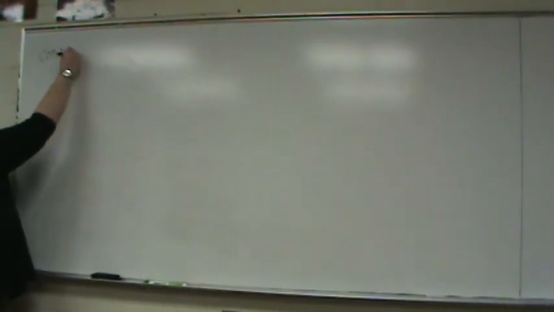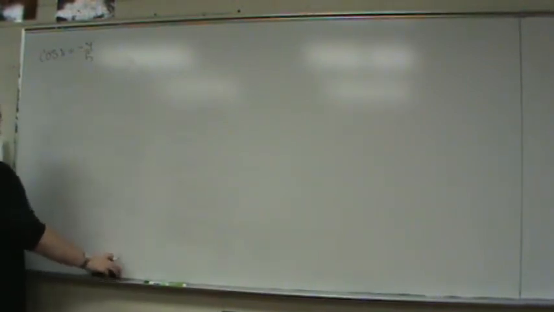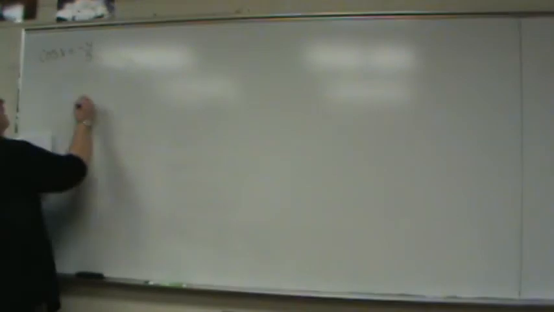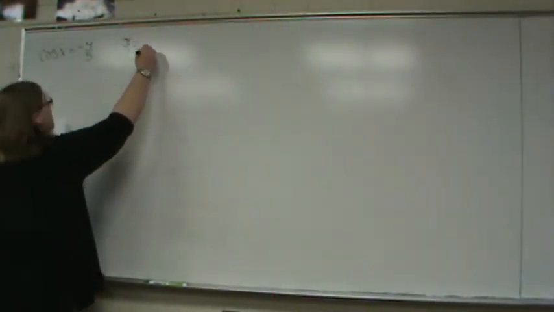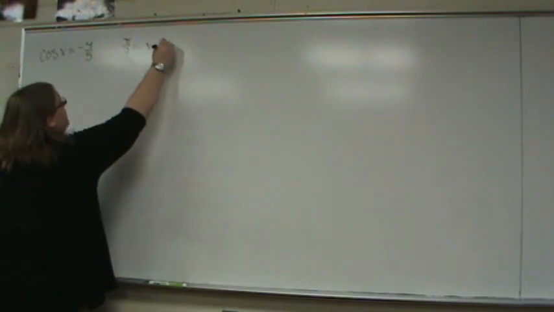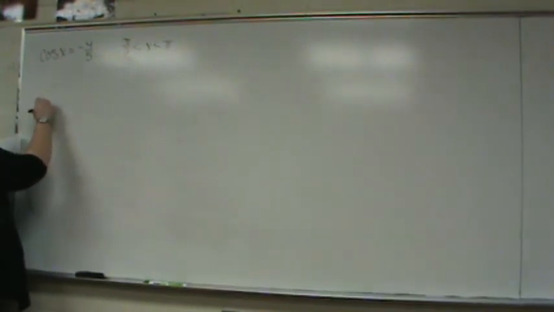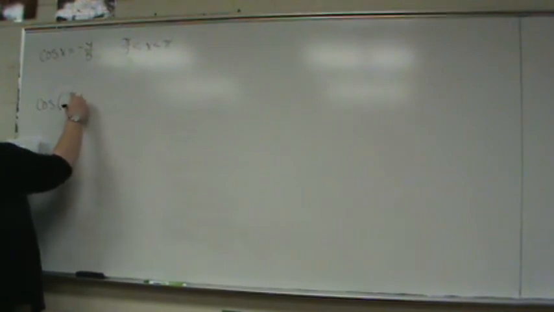Number 11 says cosine x equals negative 4 over 5, and we're told that x is between pi over 2 and pi. And then we're told to evaluate cosine of pi over 4 plus x.